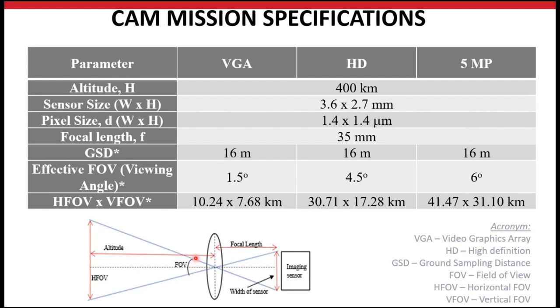And then you need to consider the FOV, field of view, which is also affected by the altitude or the working distance. This also gives you the horizontal and vertical FOV. Later, you will know how to look into this term, because this is very important in designing the camera mission.